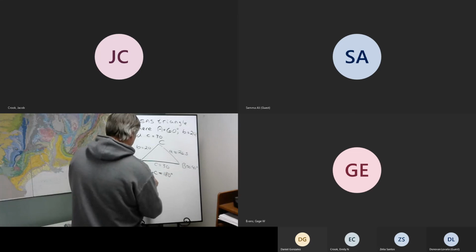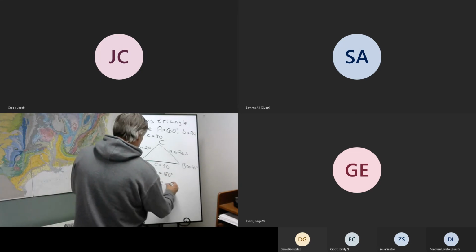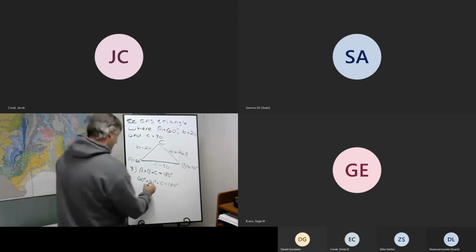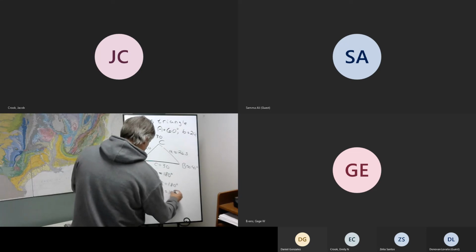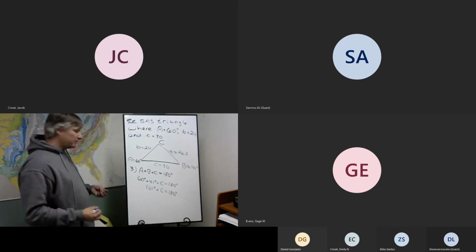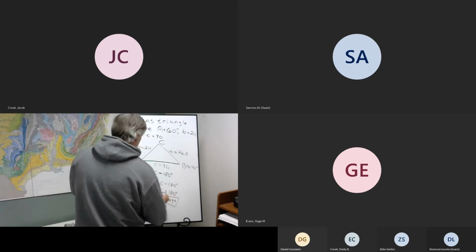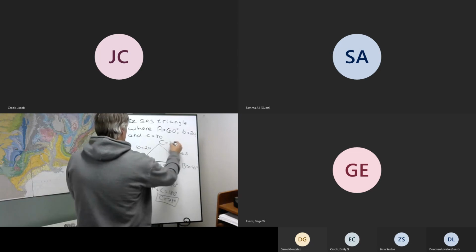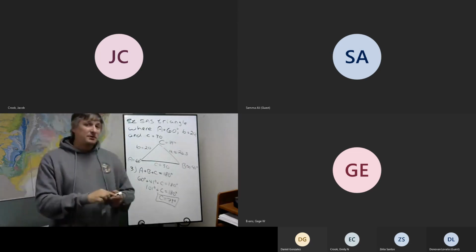Or 60 degrees plus 41 degrees plus C is 180. Or 101 degrees plus C is 180. Or subtract 101 from both sides, C is 79 degrees. And that's going to be our answer.